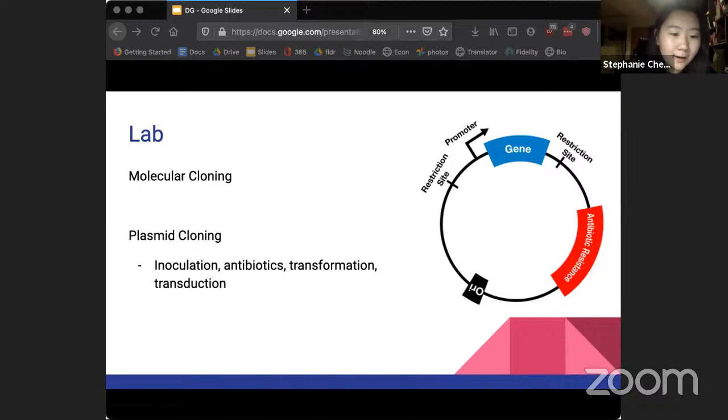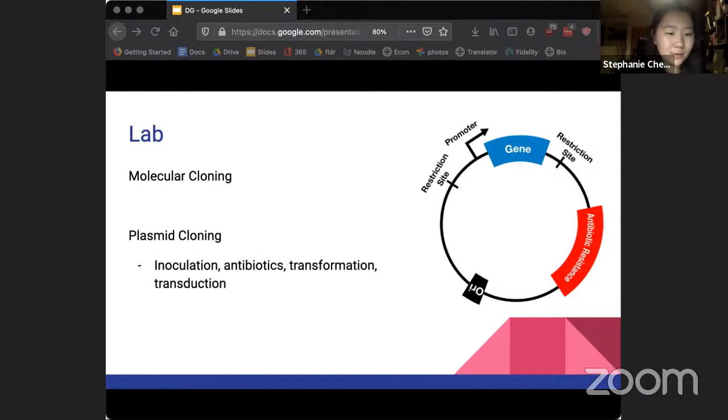And moving on to plasmid cloning, if anyone doesn't know what a plasmid is, plasmids are just small DNA molecules located outside of the chromosome that can replicate independently. And plasmid cloning is used to transfer foreign genetic material into another cell.